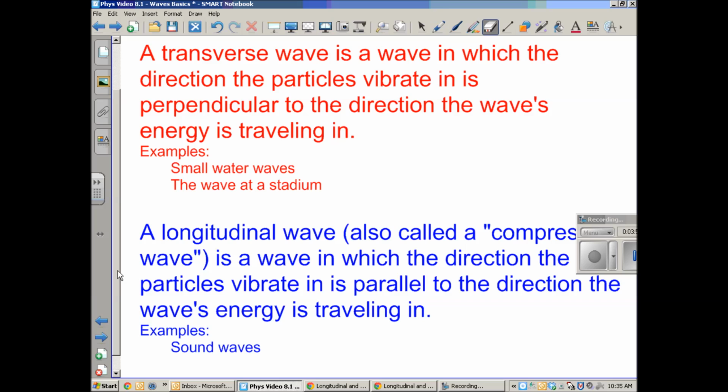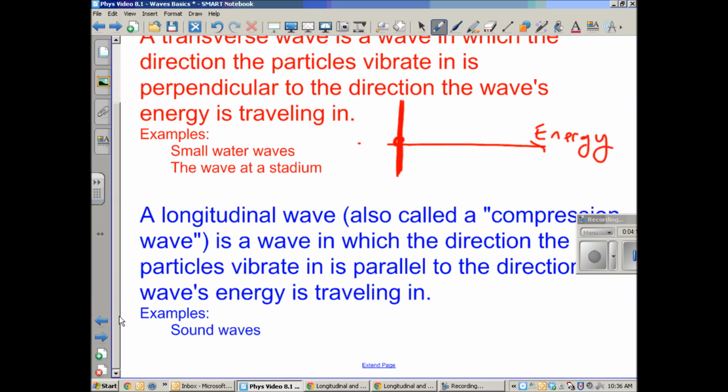So you might have a particle vibrating up and down, but the energy would get transferred this way. Now, with a longitudinal wave, in order for the energy to travel this way, you'd have to have particles vibrating back and forth this way. So, transverse, the particles vibrate perpendicular to the direction the energy goes. In longitudinal, they're parallel.